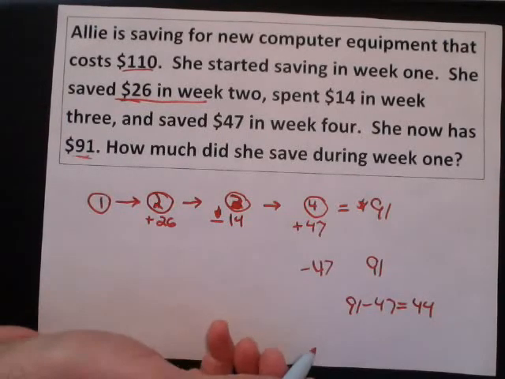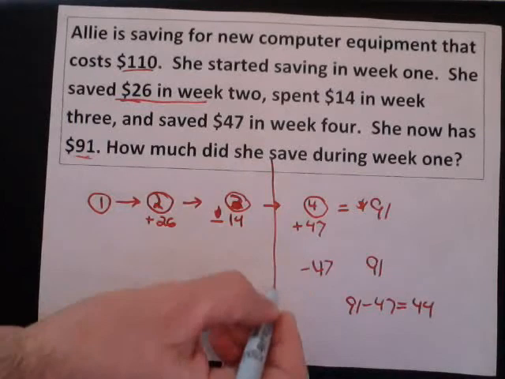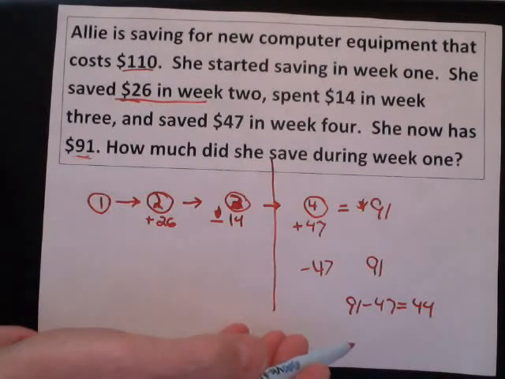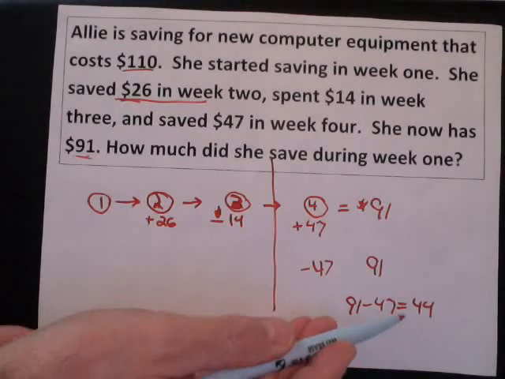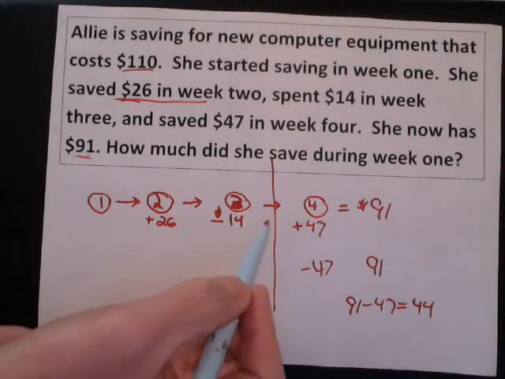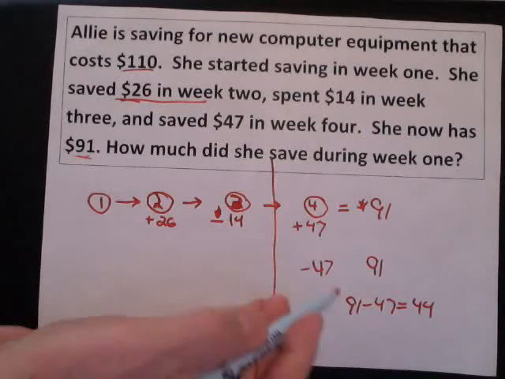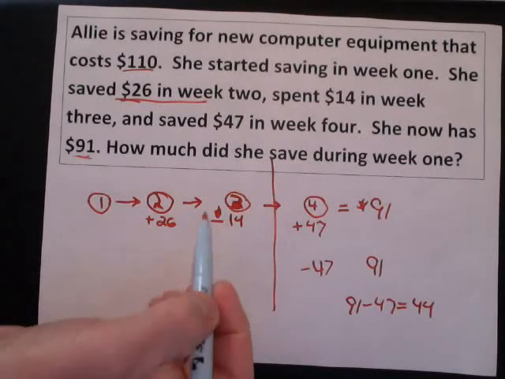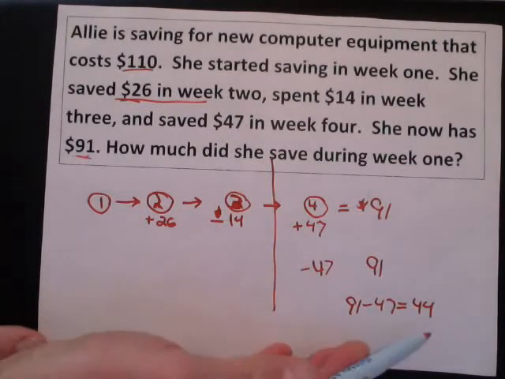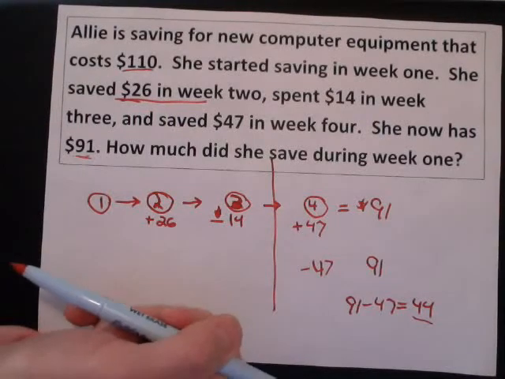So in other words, going into week 4, she had the $44, and so when she saved $47, it took her up to 91.